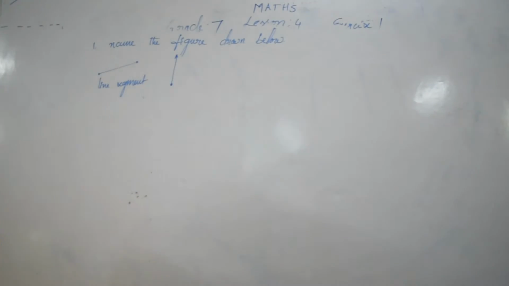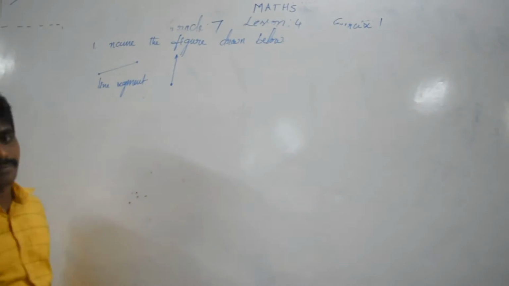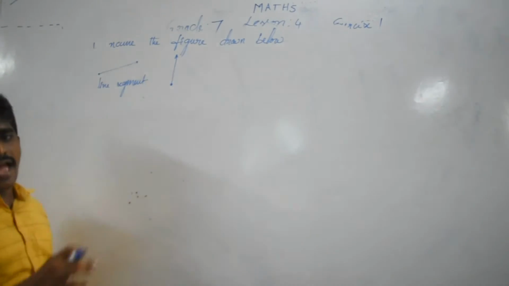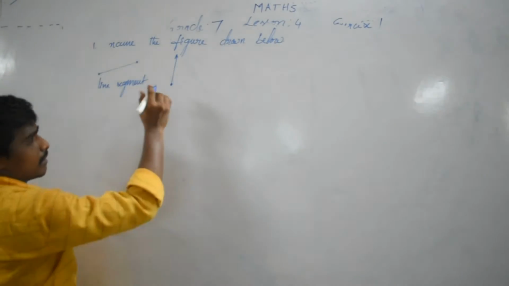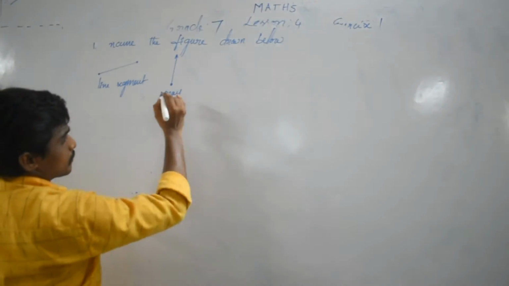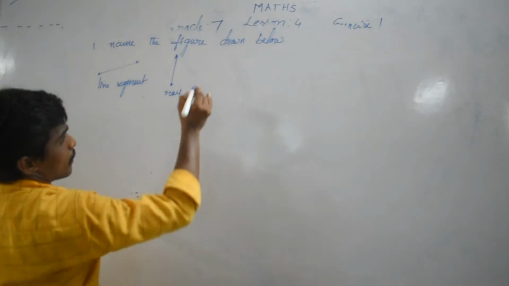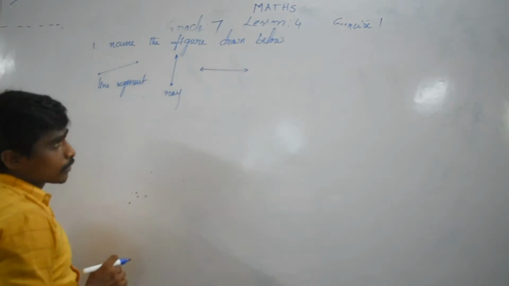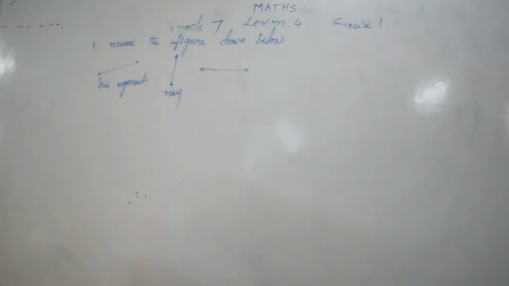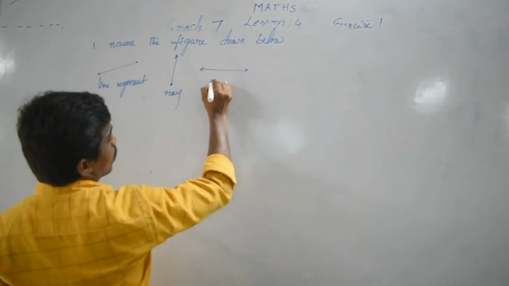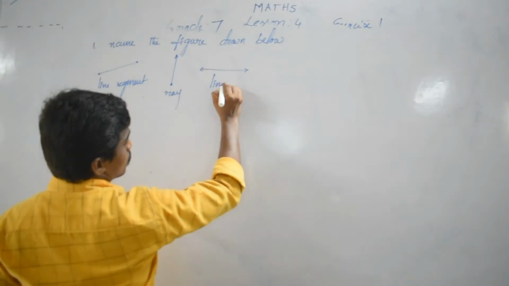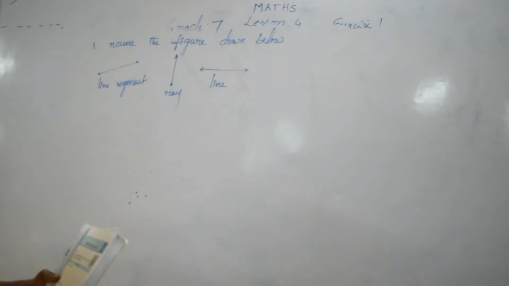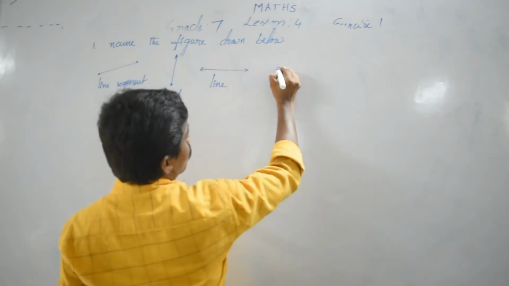Next one. What is this? Here only one side is a line segment, the other side has an arrow. So this is called a ray. Next one. Both sides have arrows. So this is called a line. Next one. What is this?